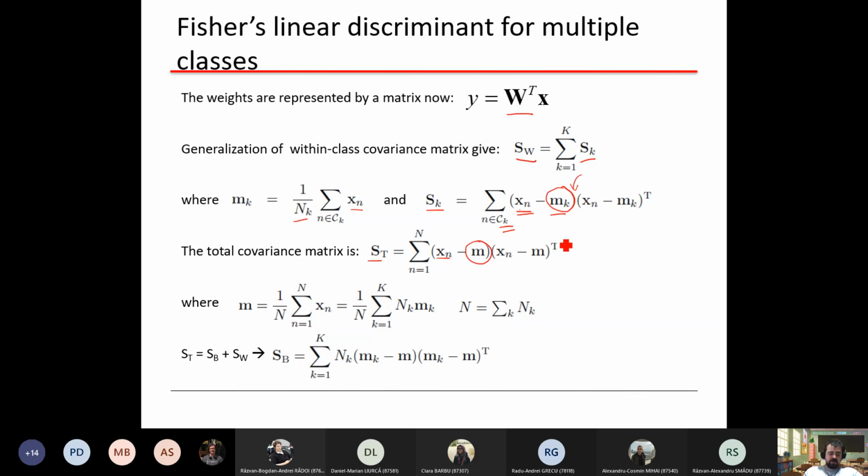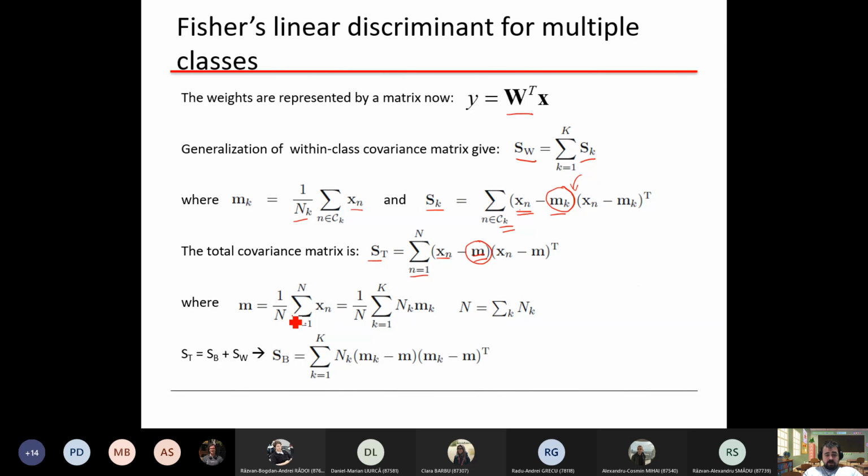If we want to identify the total covariance of the data set, we'll have to do this summation over all the points, compute the mean of the whole data set, and then compute the difference between the point and the mean and square it.